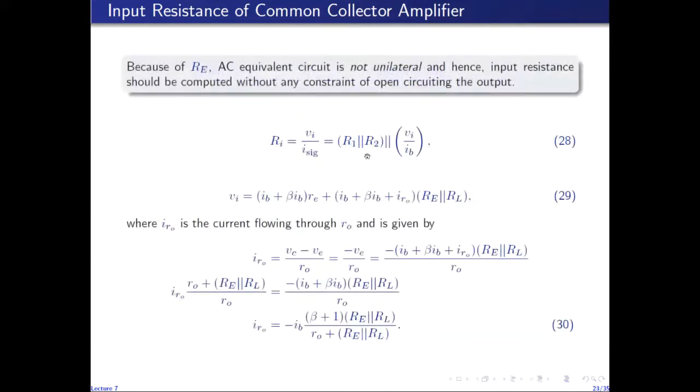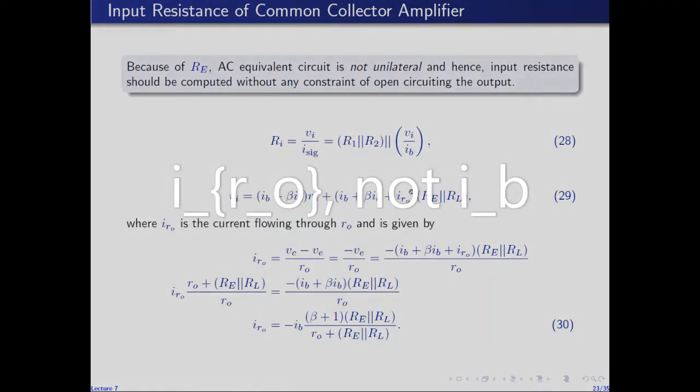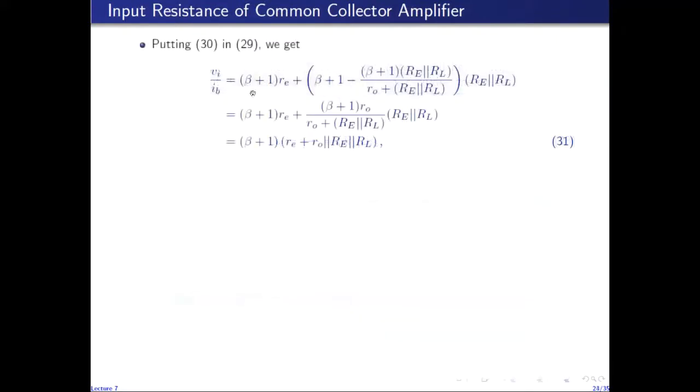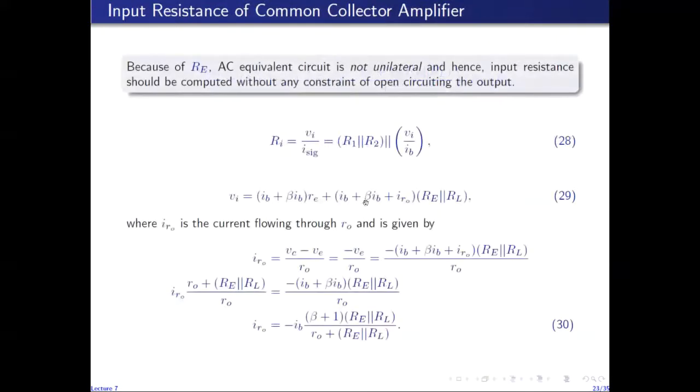So IB is common in all of these terms. It's in here, it's also present here, and it is also present in the expression for IB. So I can take IB out common and divide it on the other side. So I'm left with beta plus 1 RE, which is this term, beta plus 1 here, and this factor here.